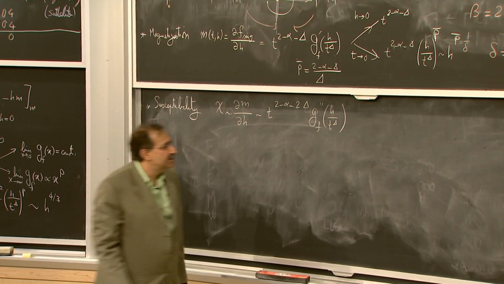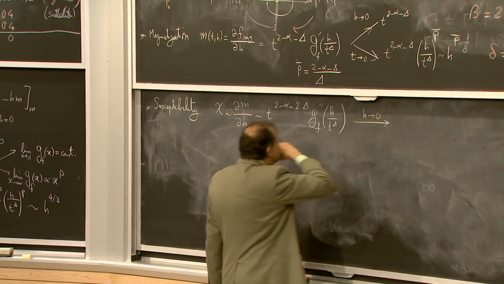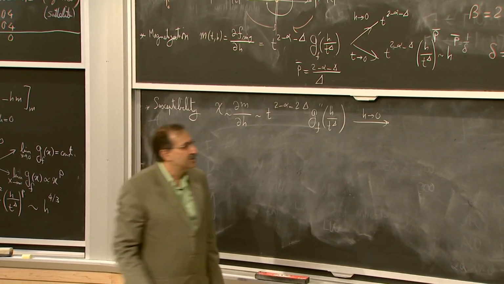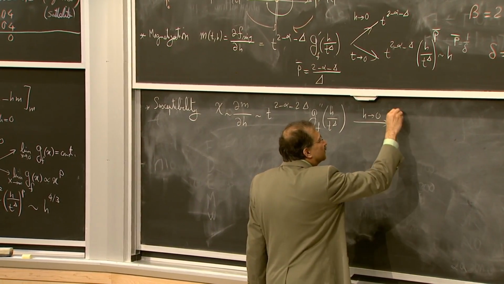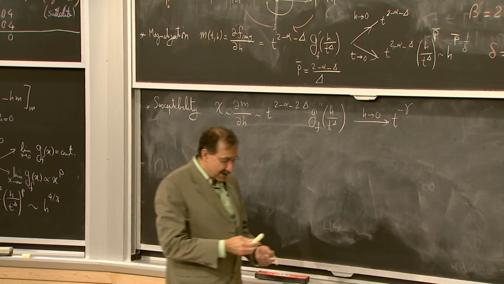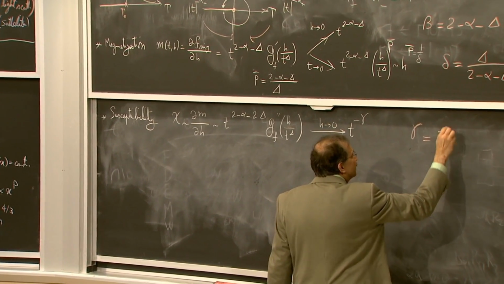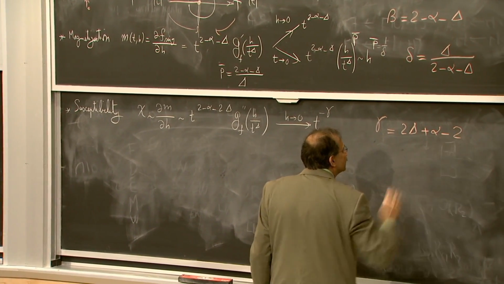And for susceptibilities, we are typically interested in the limit where the field goes to 0. And we define them to diverge with exponent gamma. So we have identified gamma to be 2 delta plus alpha minus 2.